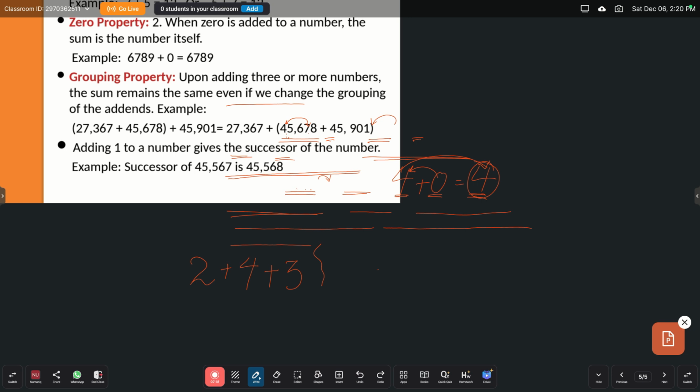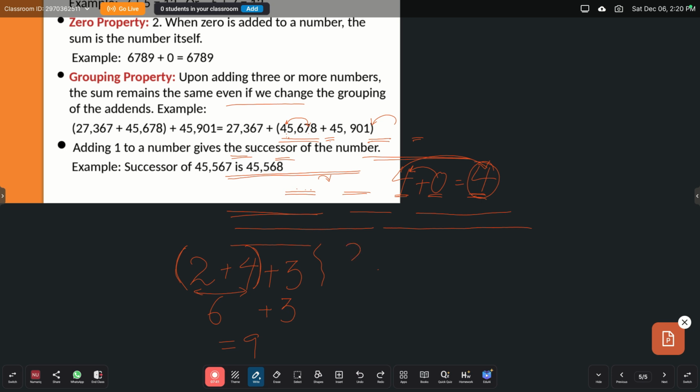First I will add the first 2 numbers. I will group them and I will add these 2. What is 4 plus 2 equal? It's equal to 6. Then I will add this 6 to 3. Beta, what will be the answer? The answer will be 9.